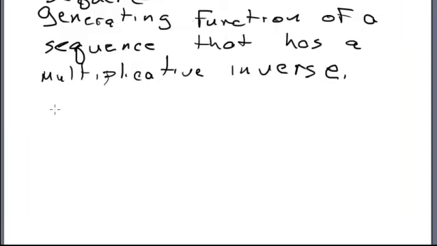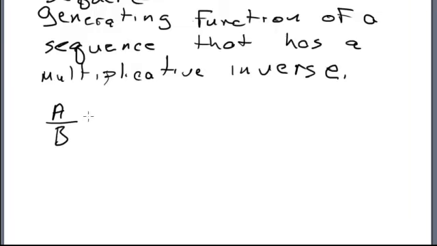So we would write the product of that. We can write this; this has meaning, because B has a multiplicative inverse. And we know from our theorems that B has to have a non-zero constant term, right? And we don't know about A.